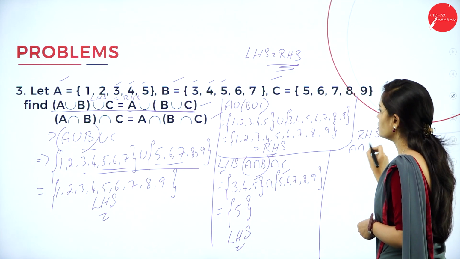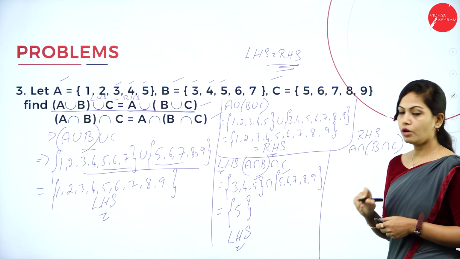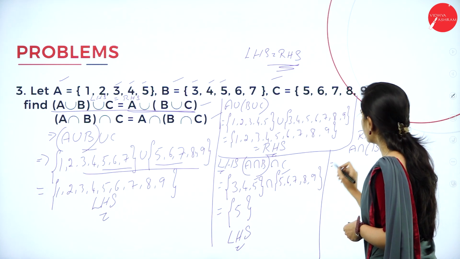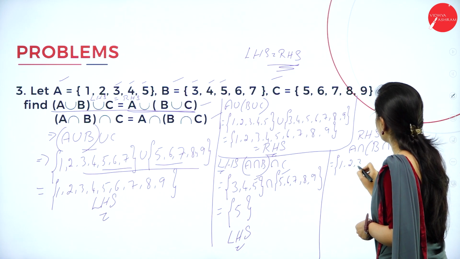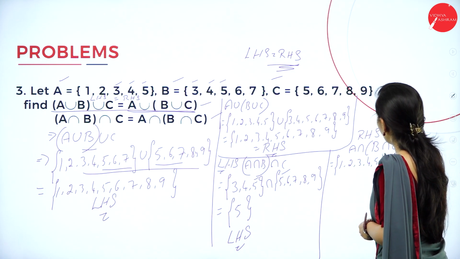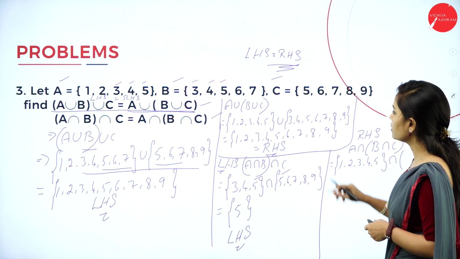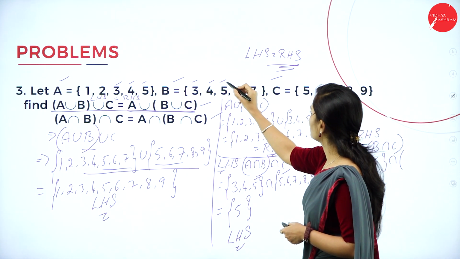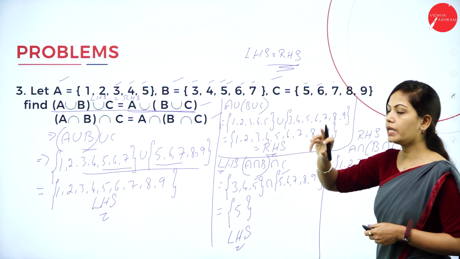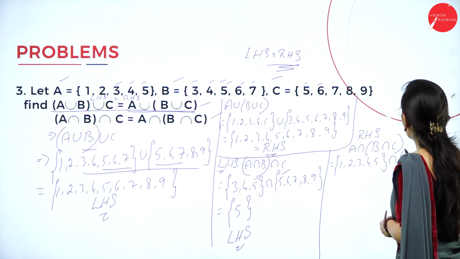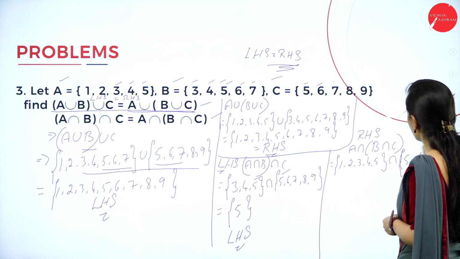A intersection B intersection C. First write the set elements of A. It is 1, 2, 3, 4, 5. And intersection of what? B intersection C. B intersection C is 5, 6, 7. The common elements in both set B and set C are 5, 6, 7.